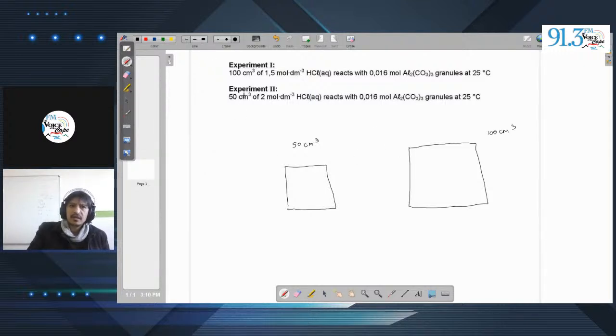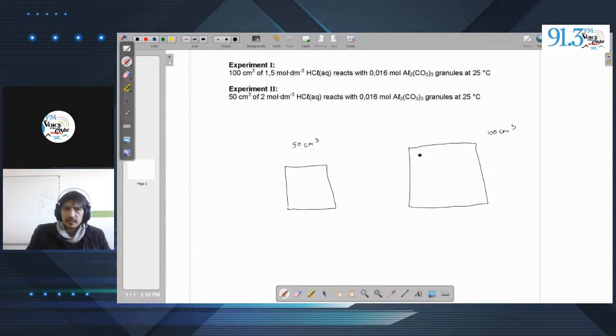Okay, now they're telling us that in the 100 centimeters cubed, we have 1.5 moles per decimeter cubed.